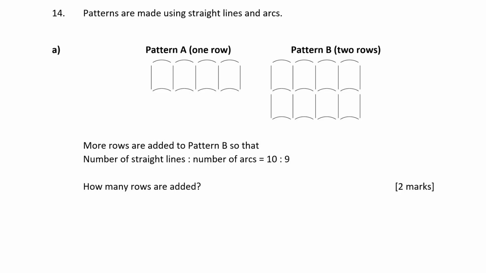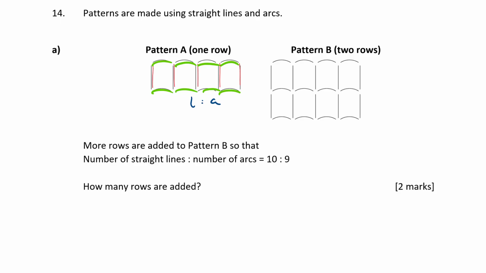Okay, so we've got straight lines and arcs. So lines to arcs in this first pattern, I've got 1, 2, 3, 4, 5 lines, and I've got 1, 2, 3, 4, 5, 6, 7, 8 arcs.